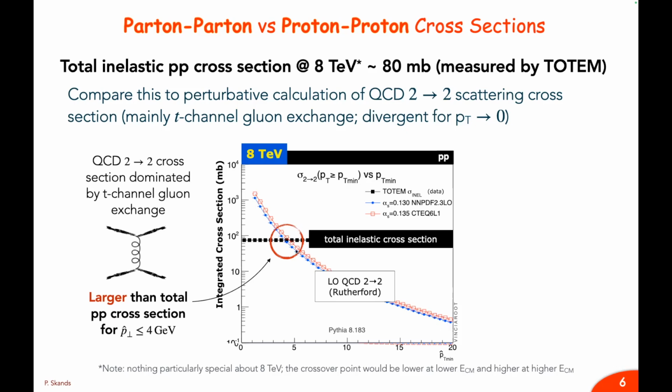But as we go down, we see that at some point we actually saturate the total cross-section. So at pT of 4 GeV, this perturbative leading order prediction is of the same order as the total inelastic cross-section. And then it becomes even larger.